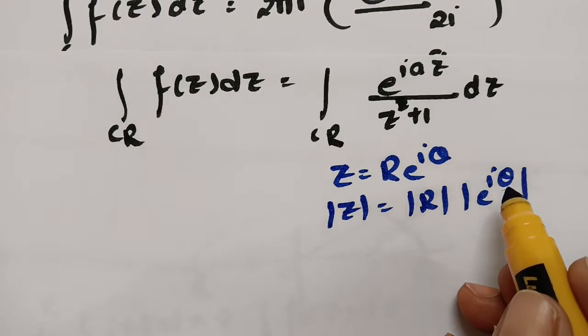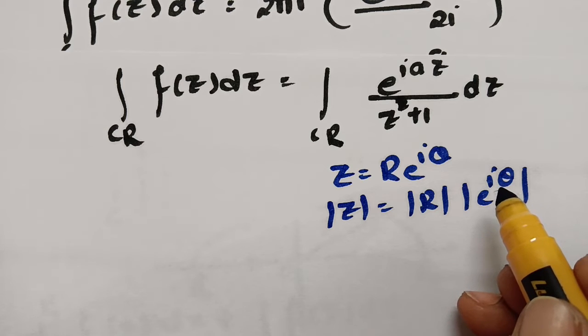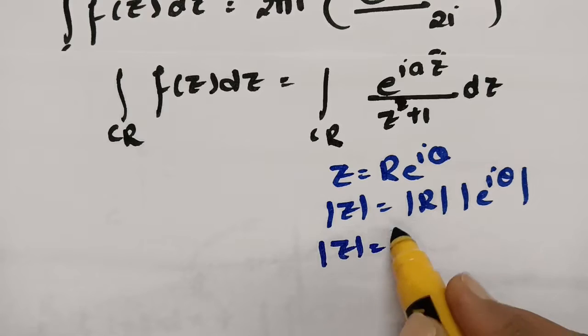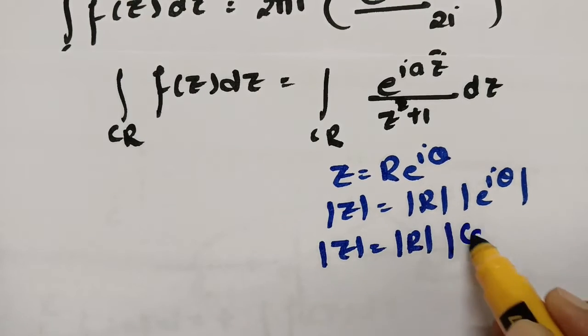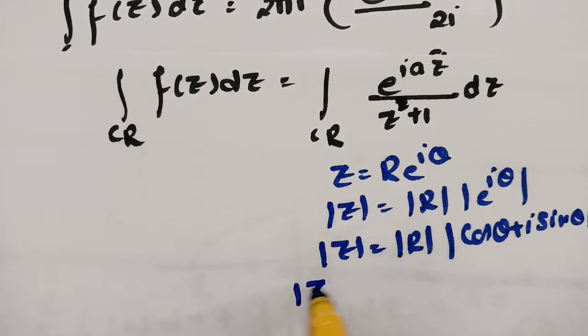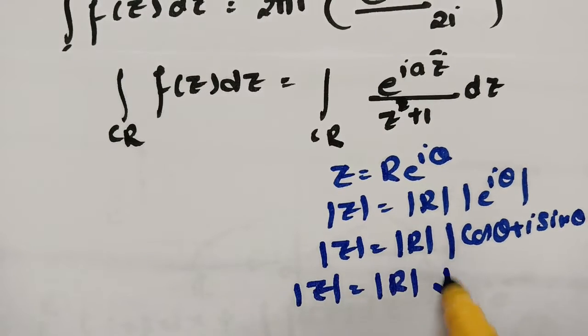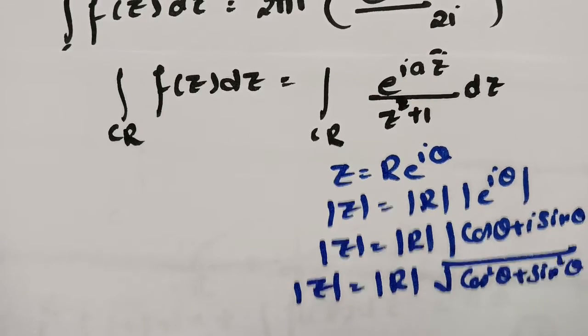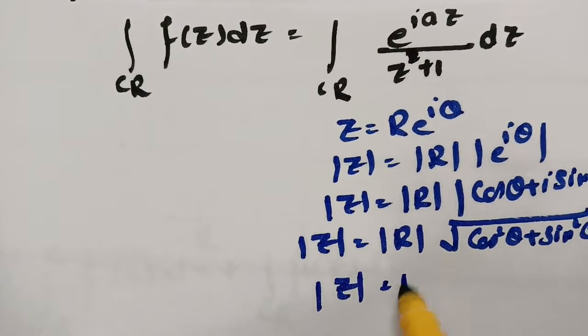As you know, the modulus of e to the power i theta is the modulus of cos theta plus i sin theta. So mod z is equal to r times the square root of cos squared theta plus sin squared theta. Therefore mod z is equal to r.